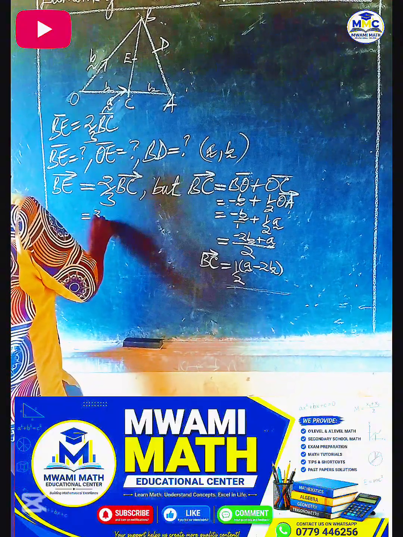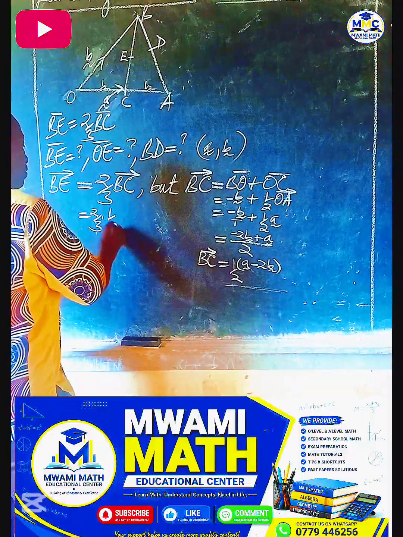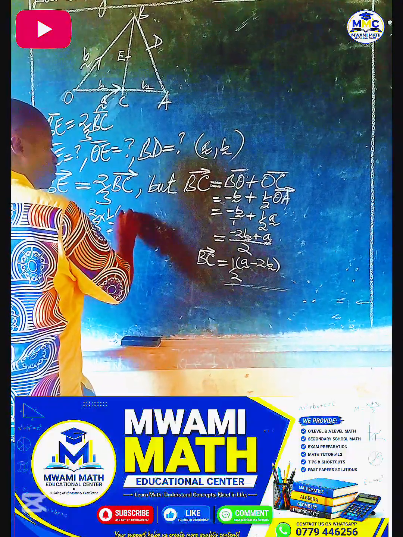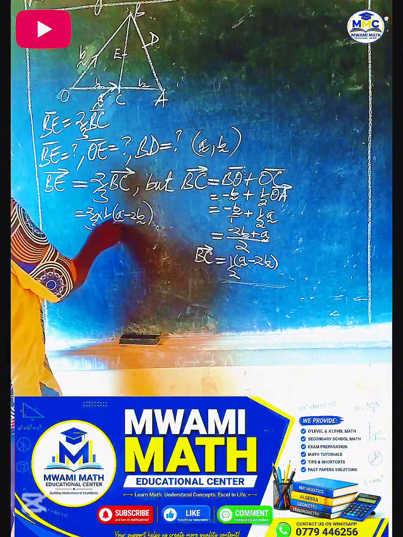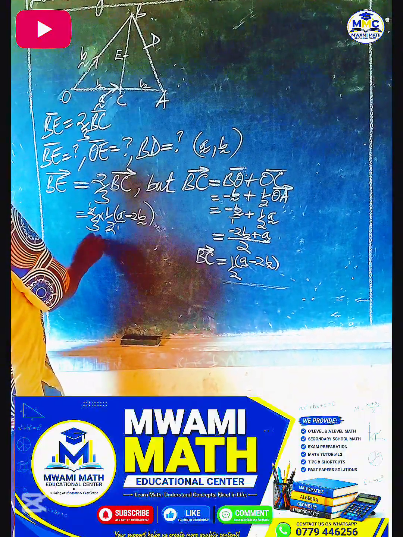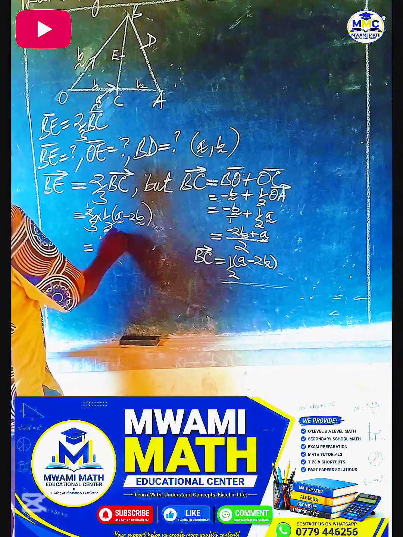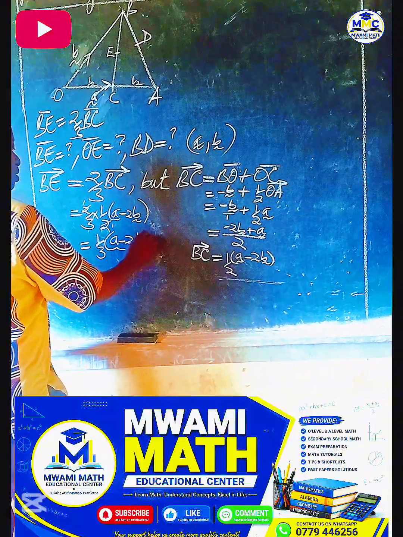So we say 2 out of 3 times a half of A minus twice B by 2 once. So we have a third into A minus twice B.